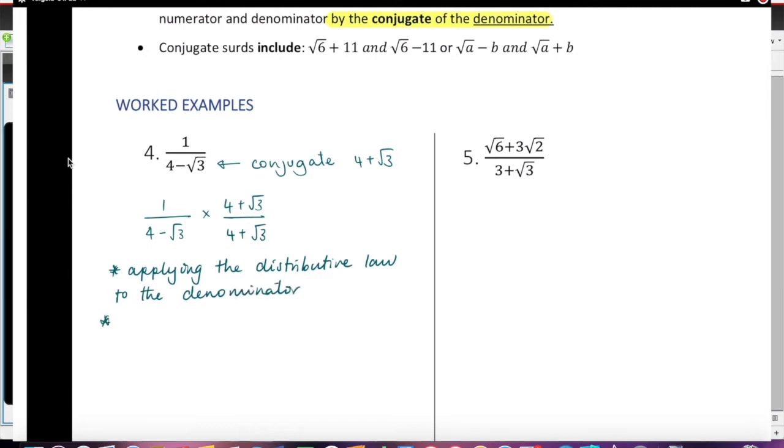Sorry, that was my bad, I wrote denominator up here, I meant to write numerator. And then the difference of two squares identity to the denominator.